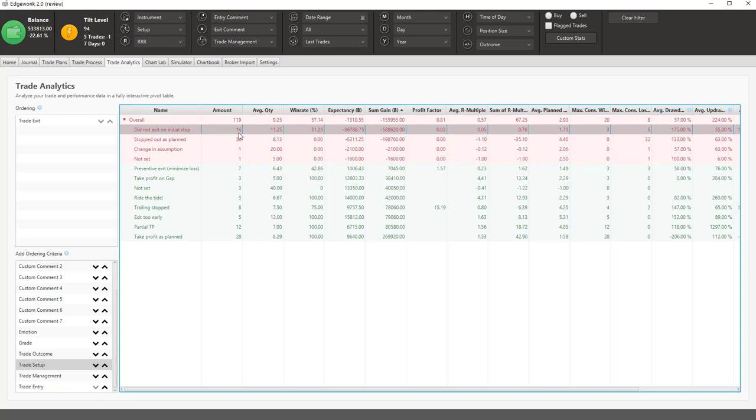Only 16 trades, but a huge loss. You can see the expectancy per trade is almost negative 37,000, compared to an average trade expectancy of 1,000. And you have found the big thing that you probably should put all your effort into trying to eliminate. So it looks like once the trader has a stop loss, he really needs to stick to it.